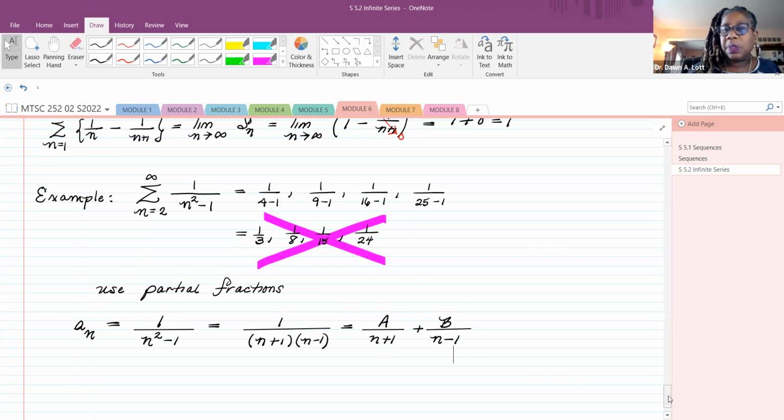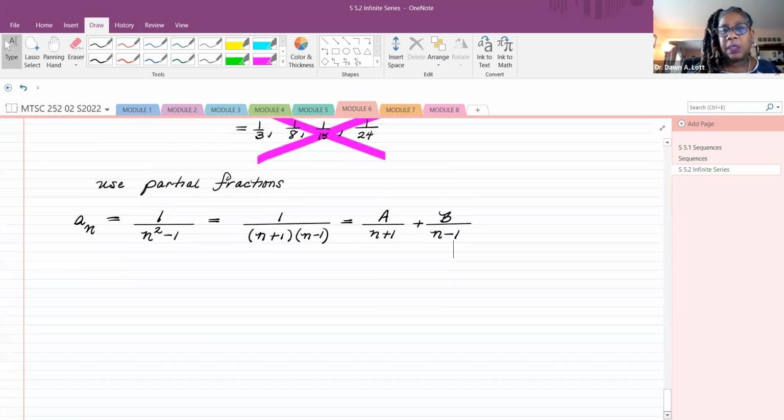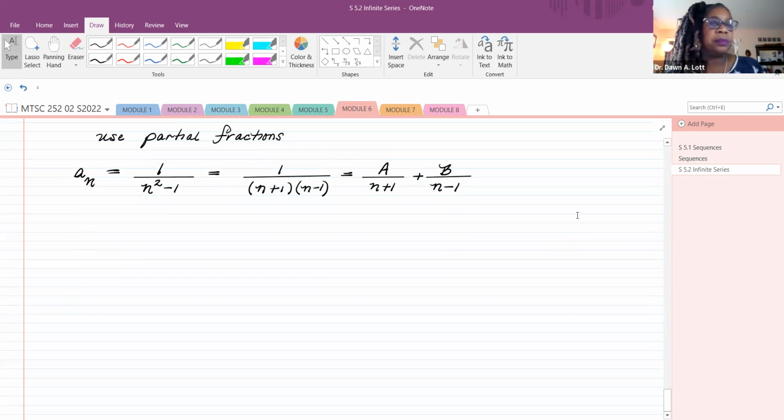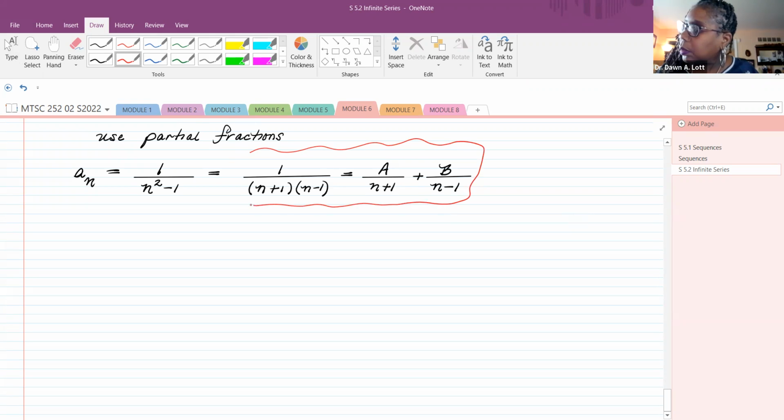Okay, so when we do this, can somebody please tell me the major equation? What's my major equation? We only need to look at this last part. So what's the major equation?